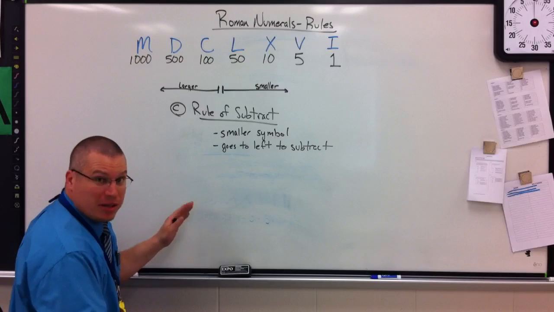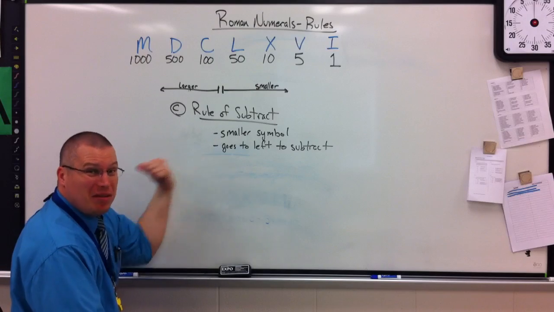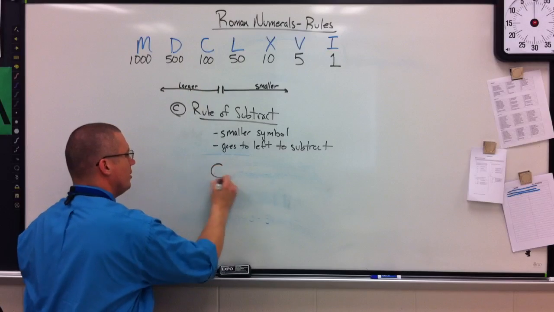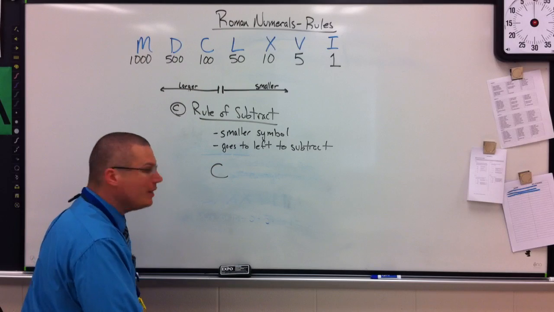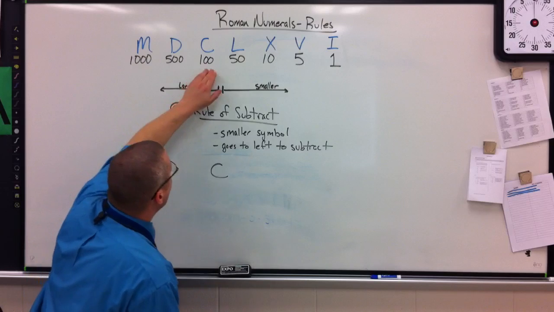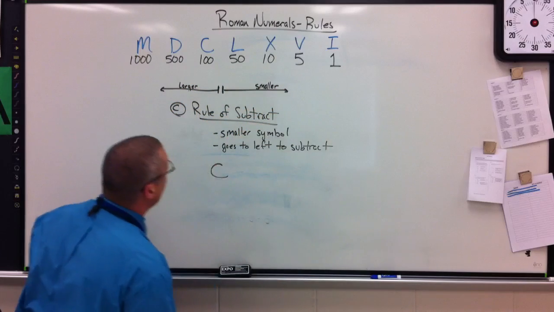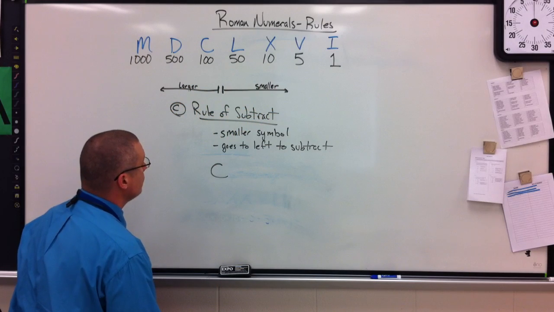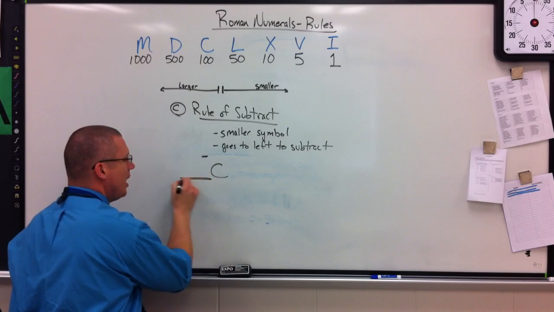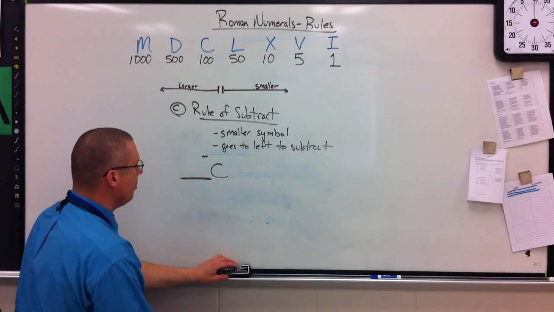I'm going to take a smaller symbol from wherever I'm at, and I'm going to put it in front of it or to the left. So let's again go to the C. So this is C, this is 100. Let's say I want to subtract something from it. I must pick a smaller symbol in front of it. And it goes to the left. So subtraction is on this side of my bigger symbol.